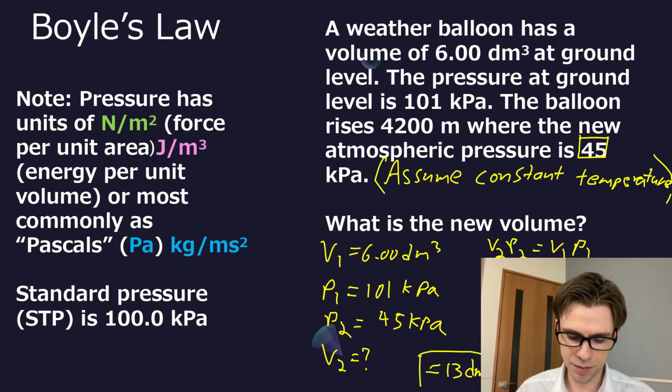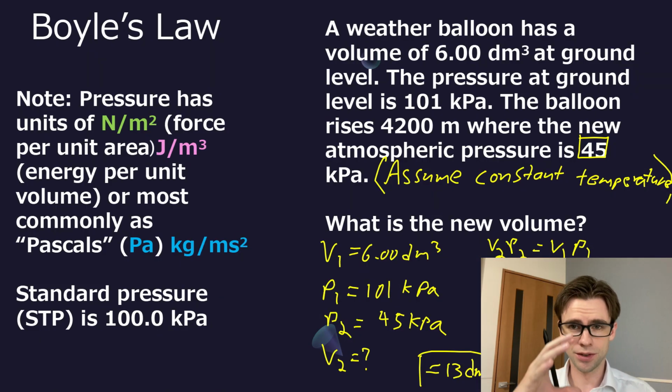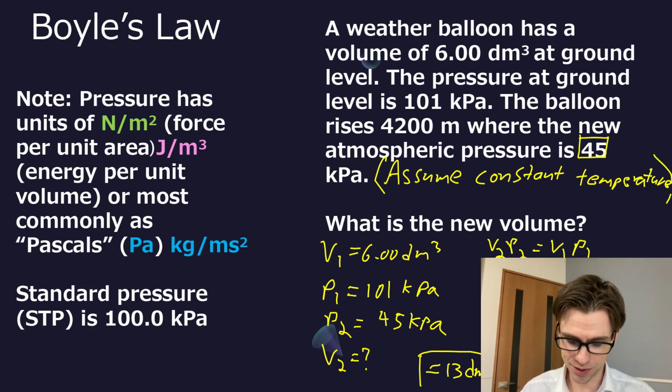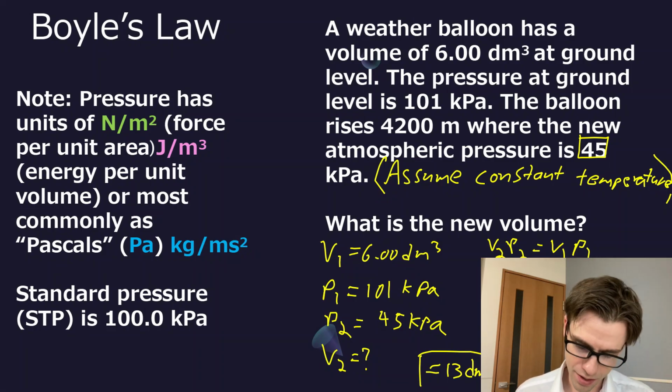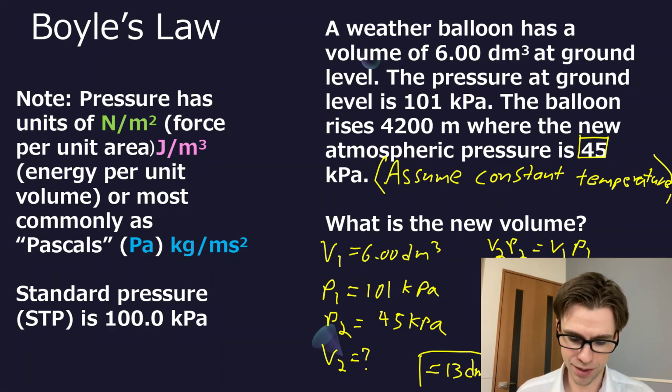A 6 decimeter cubed weather balloon at atmospheric pressure rises up to lower pressure and expands to nearly double the size, 13 decimeters cubed. Yes, this does make sense because the pressure has more than halved, so we should more than double our volume here, if they are inversely proportional, which they are.